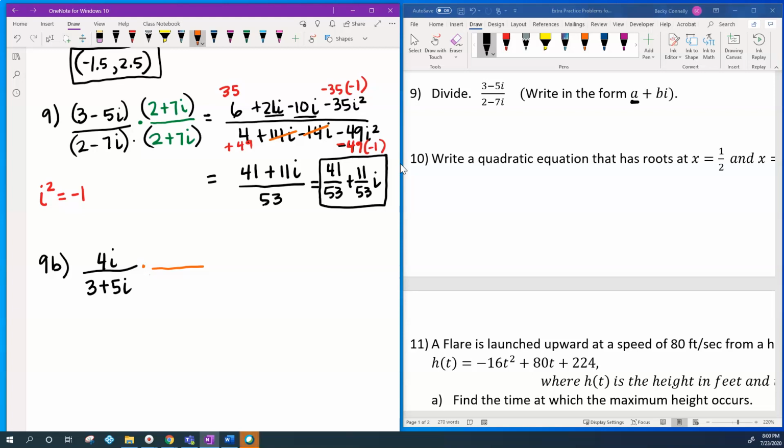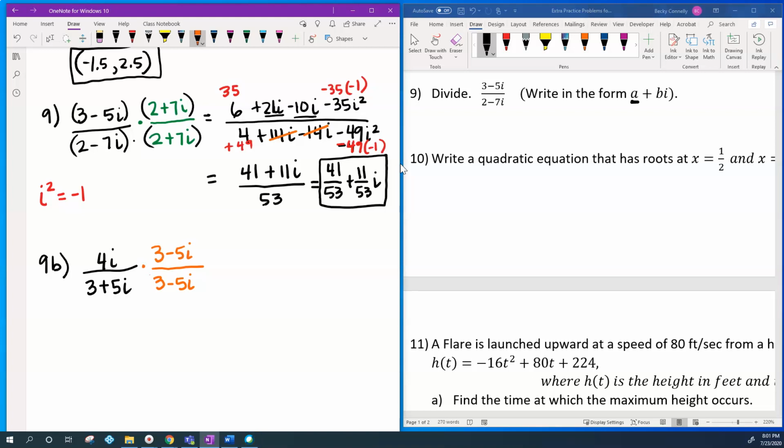Can somebody tell me what is the conjugate that we want to multiply top and bottom by? Yeah, 3 minus 5i. So if we do that to the bottom, that's going to get rid of our i's, which is what we're trying to do.